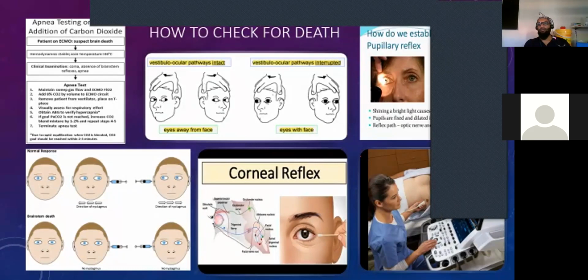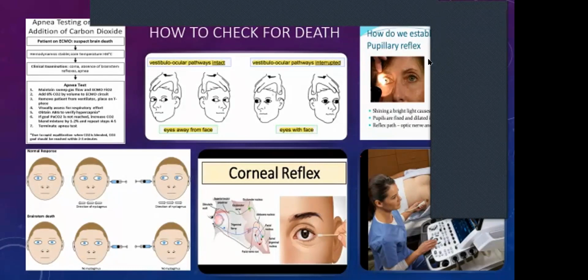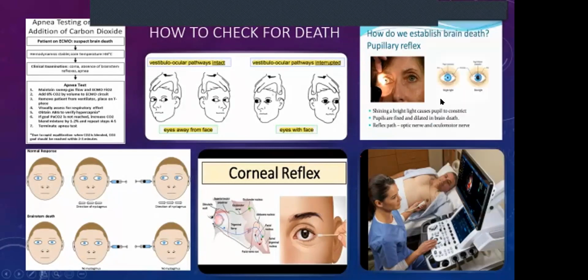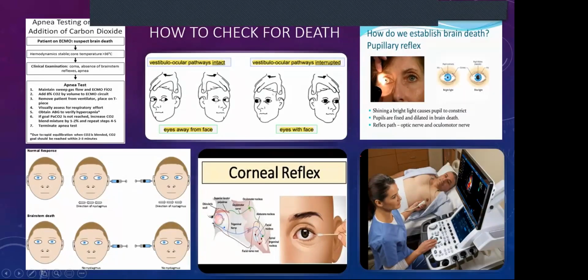Then you've got the one that we all know, the pupillary reflex: fixed dilated pupils. Simple one. So now you can check all of these 3 quickly. Number 4 is caloric testing. It's taking very cold, freezing water, about 20 to 50 mils, and you instill it into the ear.